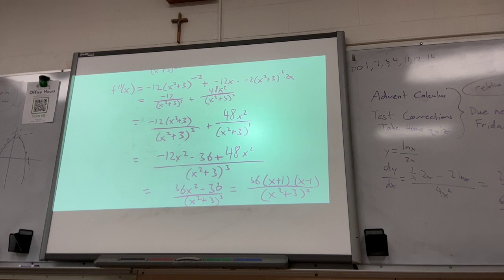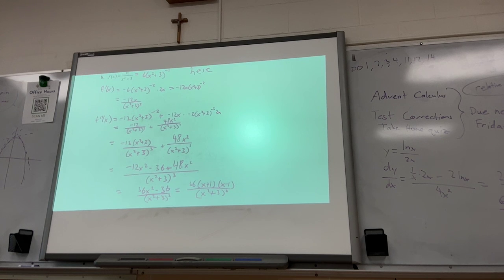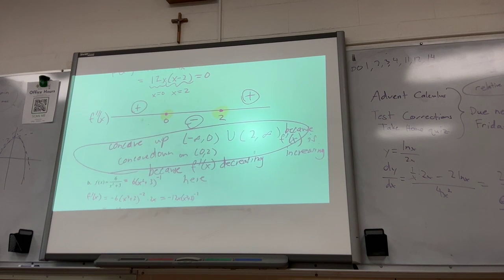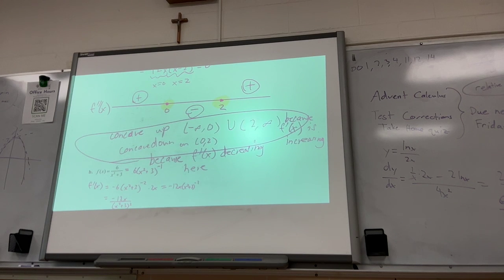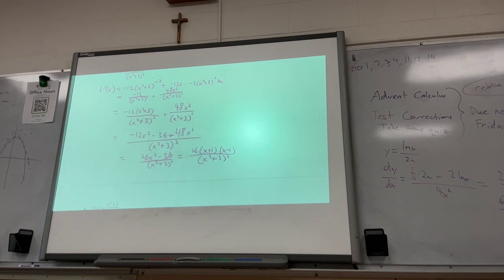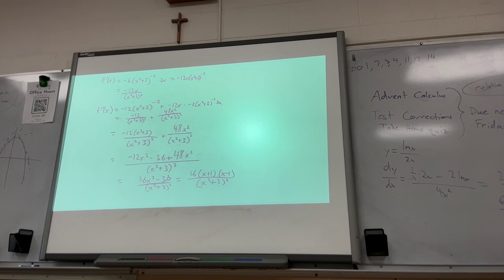Can you scroll up to the previous problem? You get the negative 12 times x squared plus 3 squared.